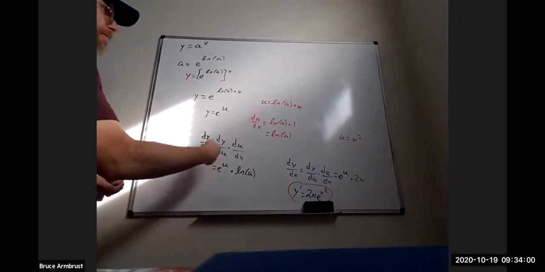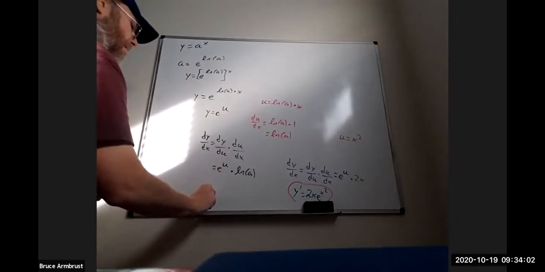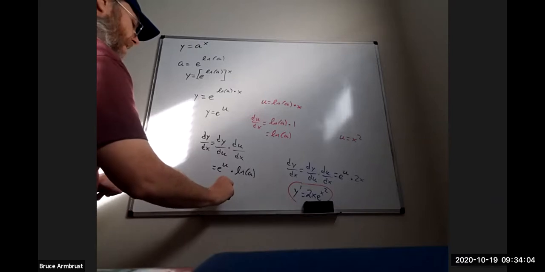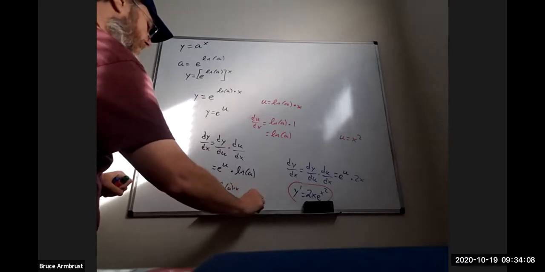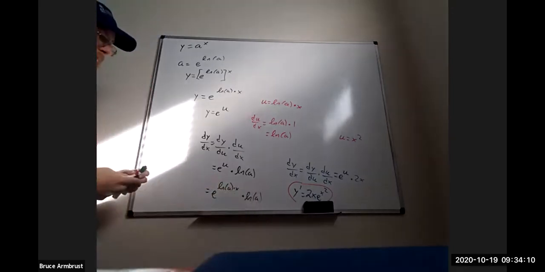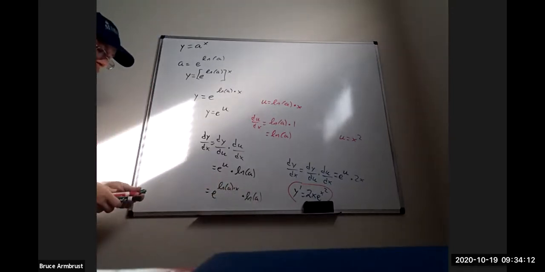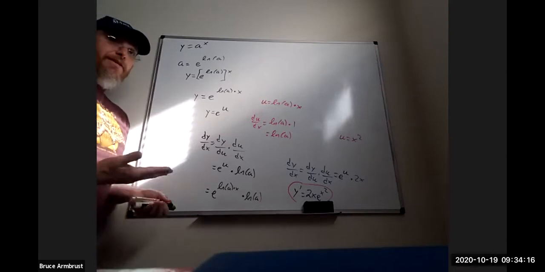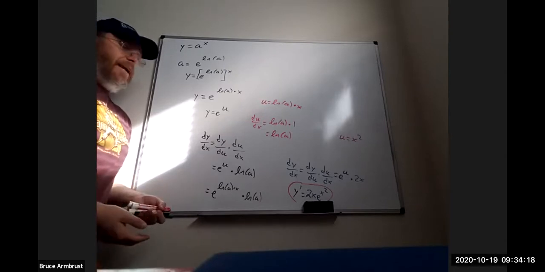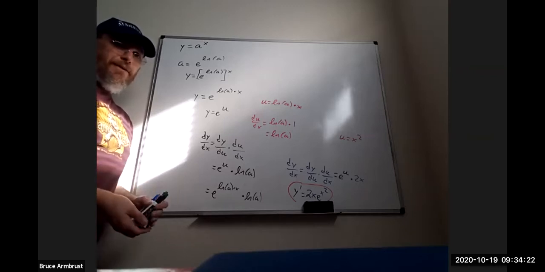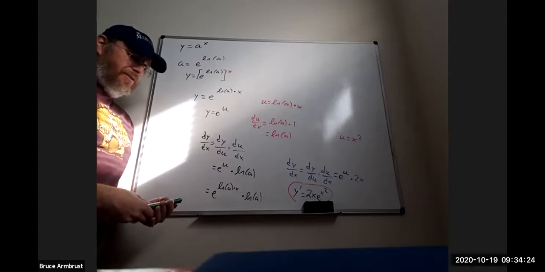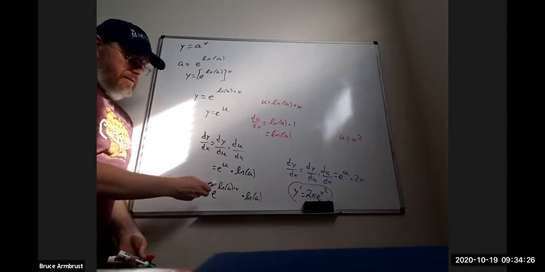All right, so the e to the u, I can put that u back in. That's e to the natural log of a times x times natural log of a. So there is the derivative of a to the x. But in this form, it's a little bit ugly still. So let's do one more thing.